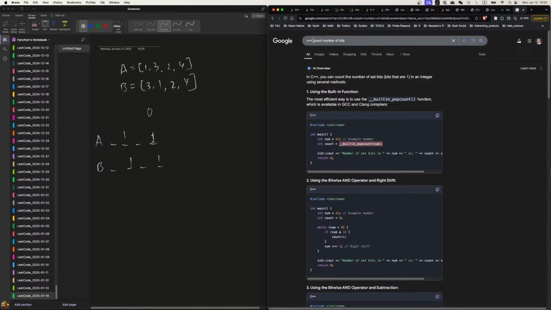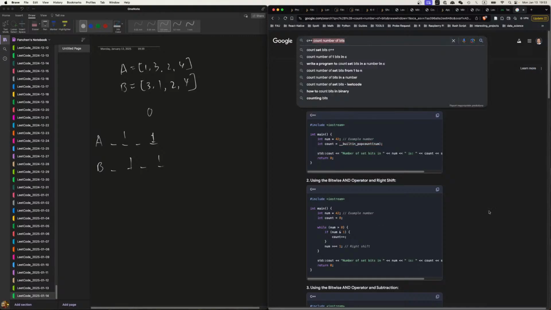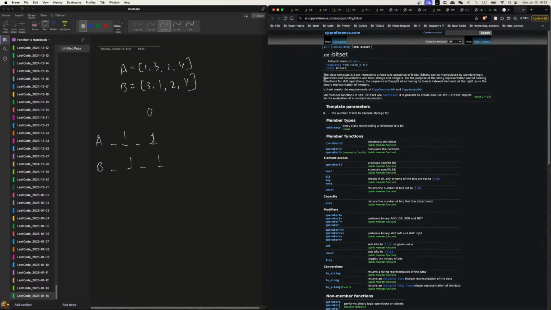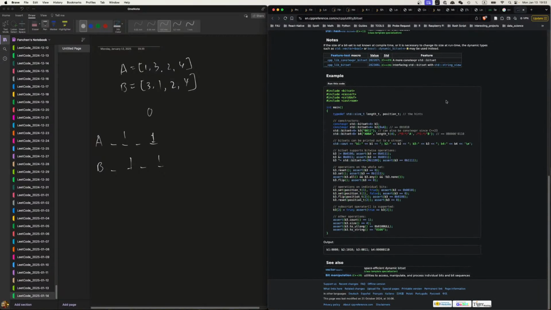Do I have a C++ playground? Well, for one, I want to say bit set, just to see how it's used. Position t.